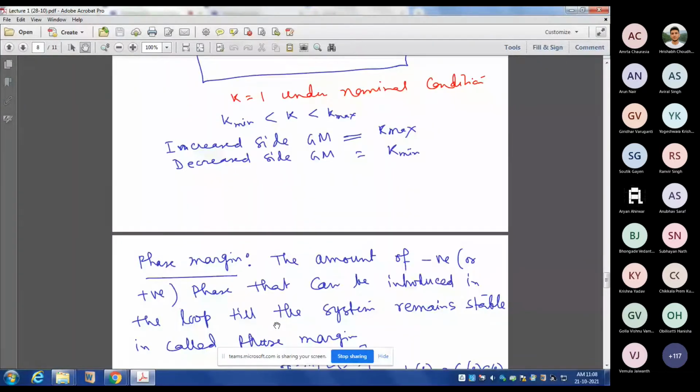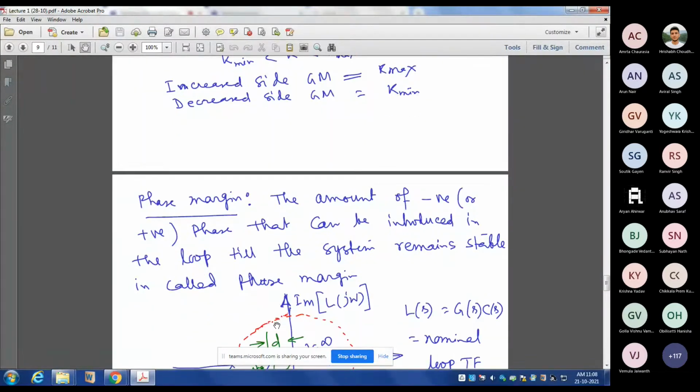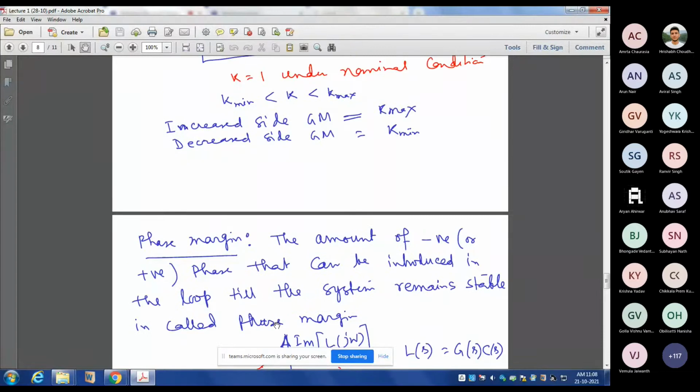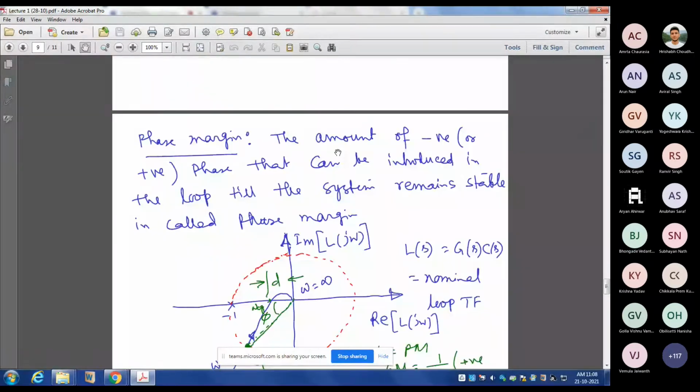Similarly, phase margin: now the question is, what is phase margin? Phase margin is the amount of negative or positive phase that can be introduced in the loop, and here loop is very important, the feedback loop we are considering, till the system remains stable.